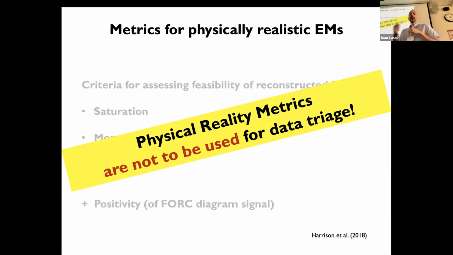You do a rapid analysis so you can get to the physical reality metrics part, and then use those to identify outliers and eliminate them from your data set. This is not why this particular function was created. So please do not try to use it this way, because you'll end up getting rid of more of the data that you can actually use, for one.